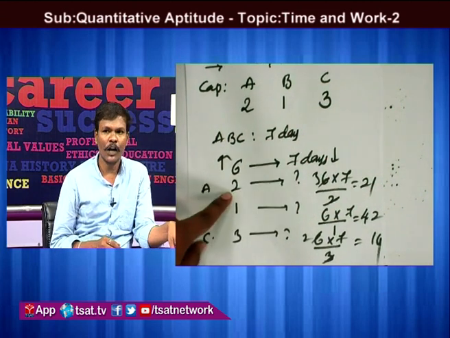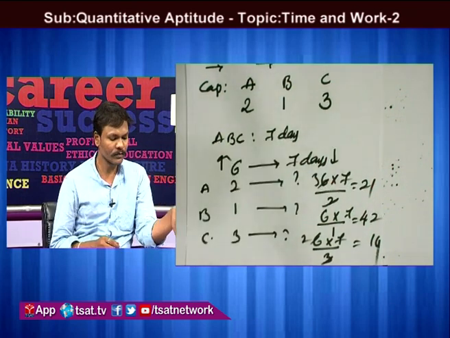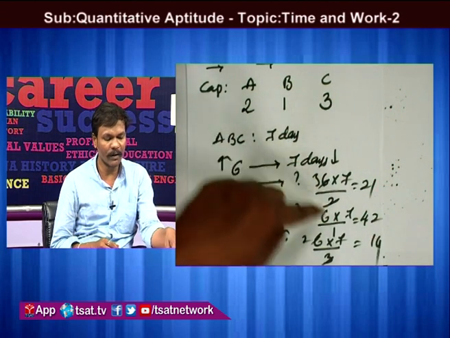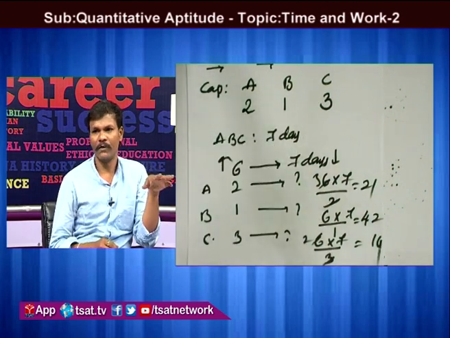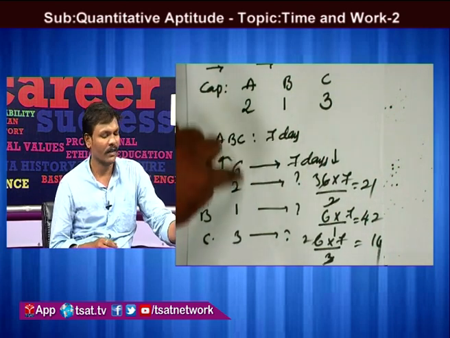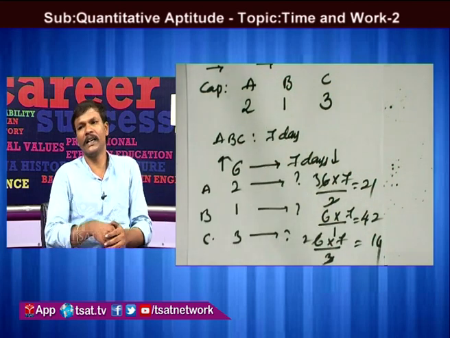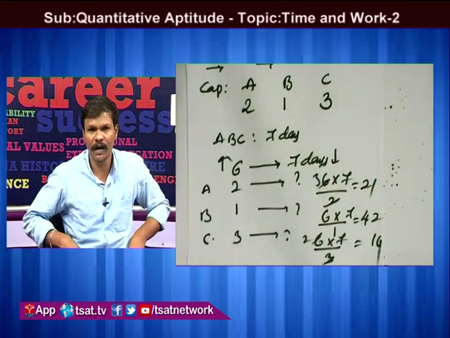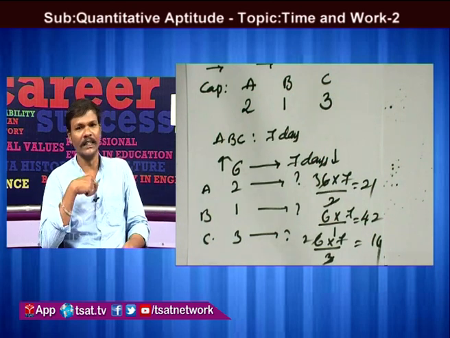So A is 6 into 7 by 2, B is 6 into 7 by 1, C is 6 into 7 by 3. When we have capacities and days, you have to use these values. This is very easy.